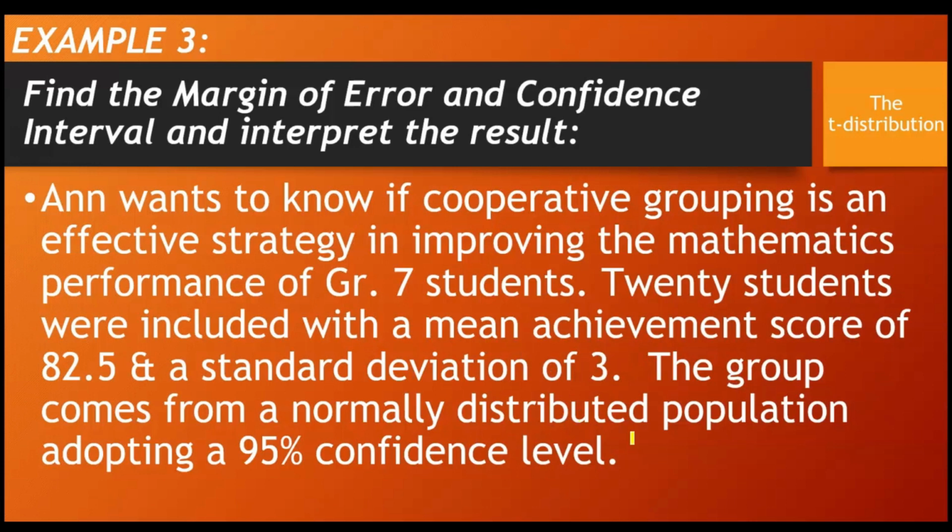The group comes from a normally distributed population, adopting a 95% confidence level. Remember that in this problem, we are asked to find the margin of error, the confidence interval, and we're going to interpret the result. So first, let's find the margin of error.